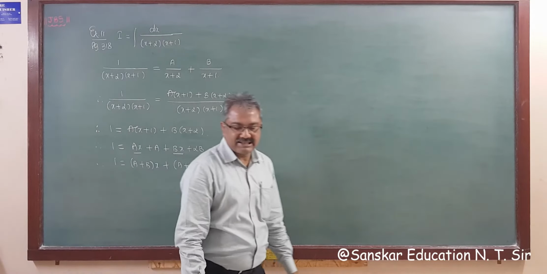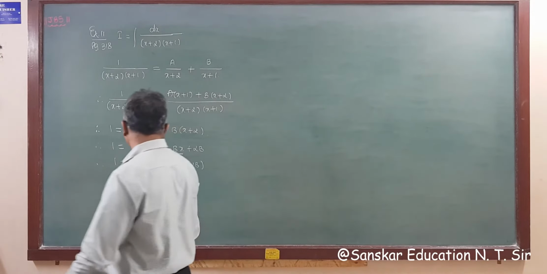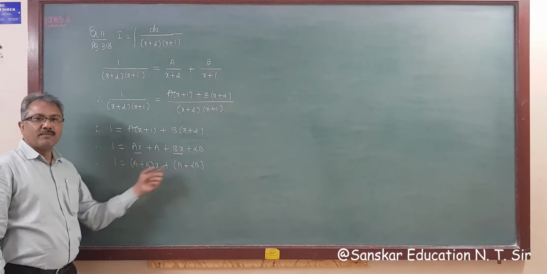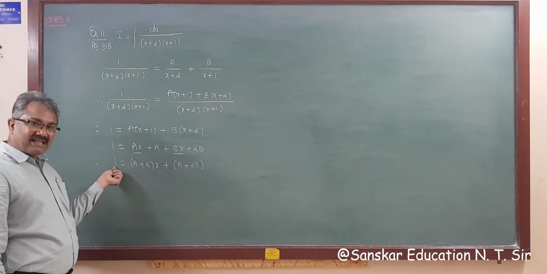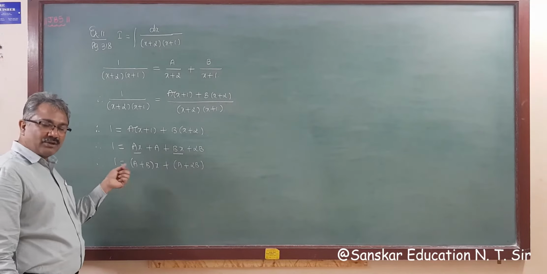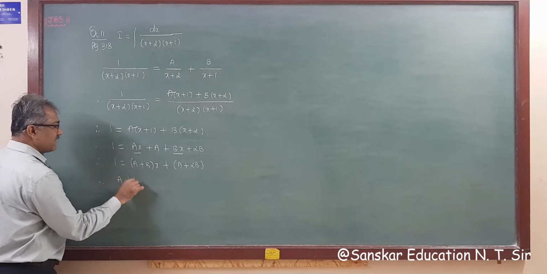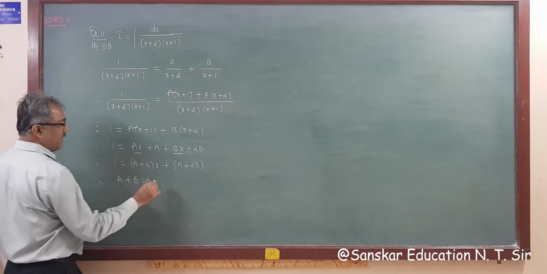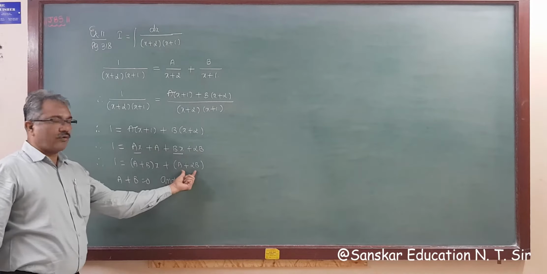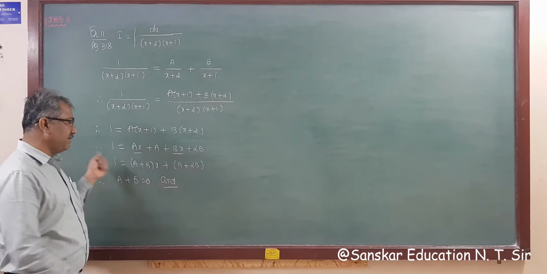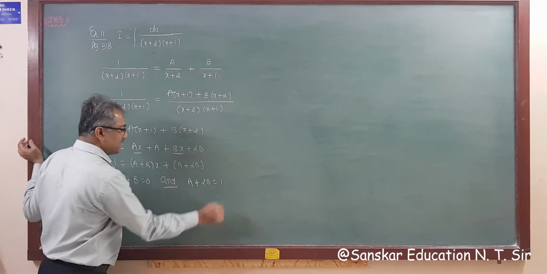So comparing the coefficient of both sides, the coefficient of x here is a plus b, but on the left-hand side there is no x, so the coefficient of x is 0. So a plus b is equal to 0, and the constant term is 1, so a plus twice b is equal to 1.